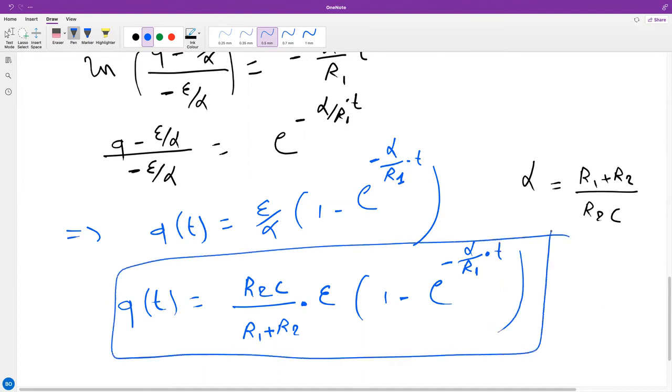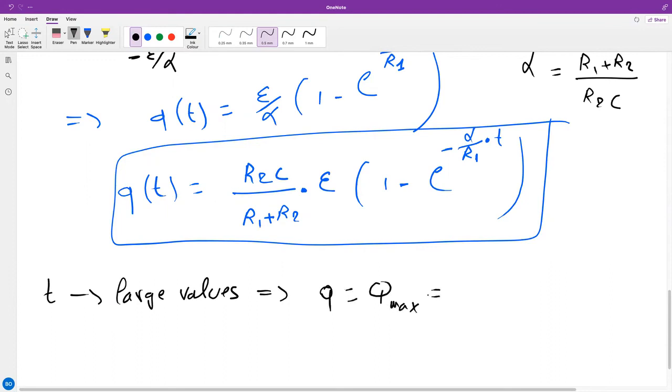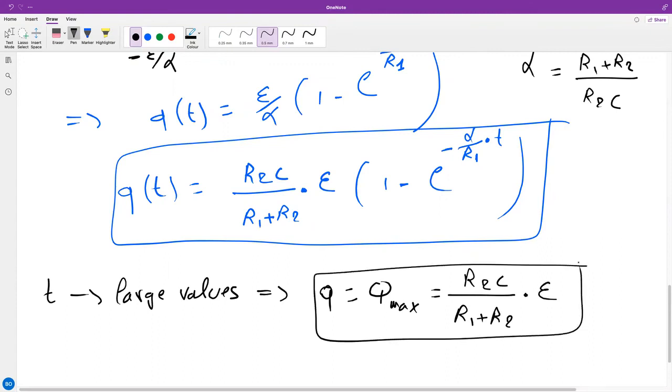And you can easily see that when t goes to very large values, which means the capacitor is completely charged, the exponential goes to 0 and q becomes q max. It is equal to R2C over (R1 plus R2) times E, which is what we obtained qualitatively.